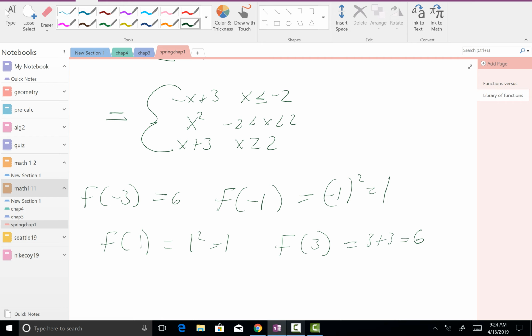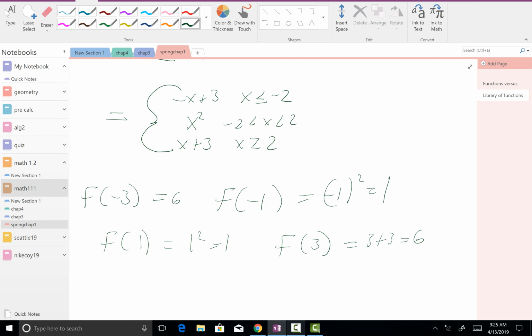Okay, so that's a piecewise function. Notice that if I trace this, I have to lift my pencil, so that makes it discontinuous. And even though it doesn't draw a point in a circle here, we know it's there because this would be our point.